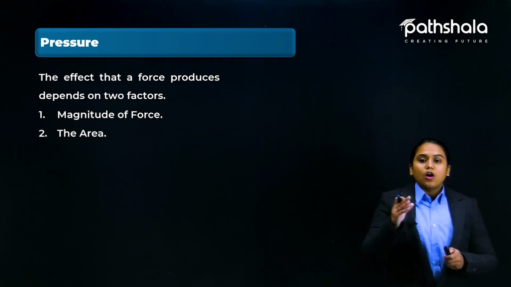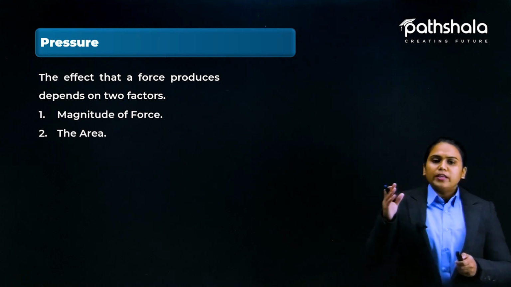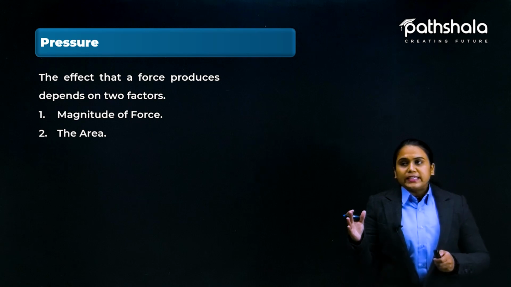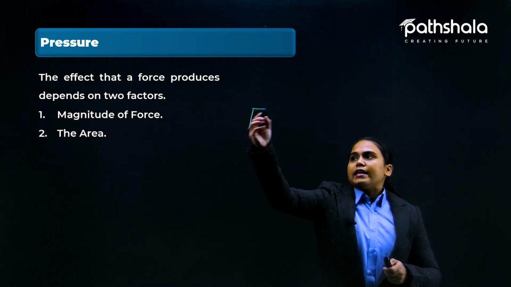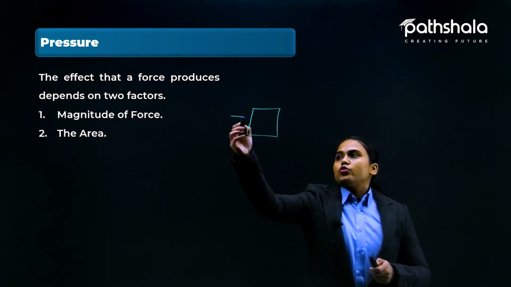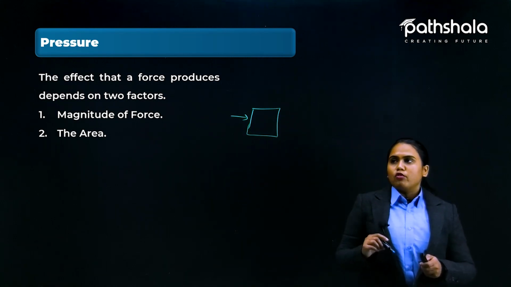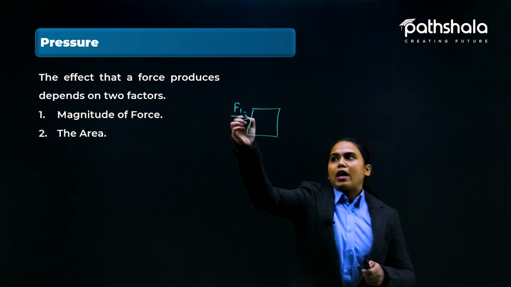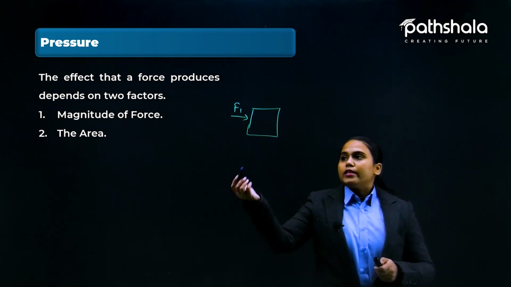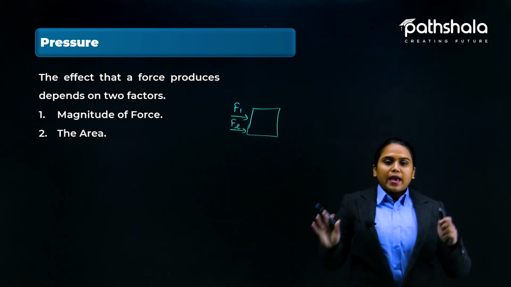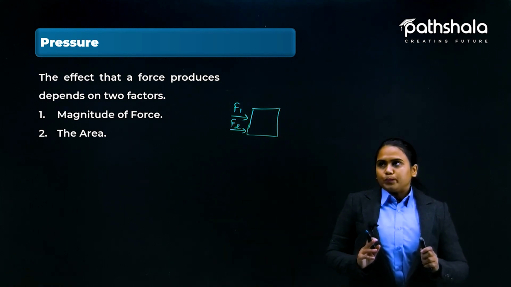Yes, students, so now let us talk first of all about the magnitude of force. In the previous example, we saw a box and a student applying a force from here. Only one student is applying force. Let's suppose this is F1, and now another student also comes with equal strength and applies the same force, F2.